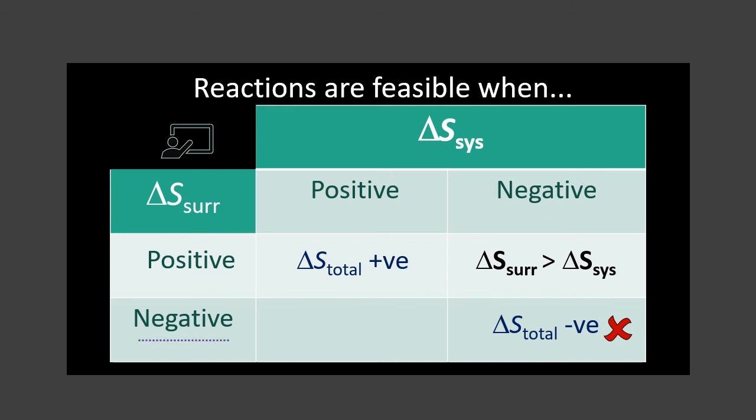Similarly, if you have delta S surroundings negative and this time delta S system positive, then what would it be like for the reaction to be spontaneous? Well, this time the magnitude of delta S surroundings should be less than the magnitude of delta S system. I hope that's very clear for you here.